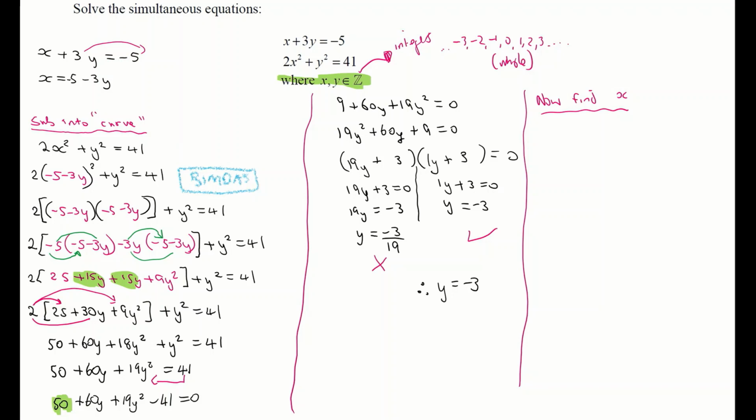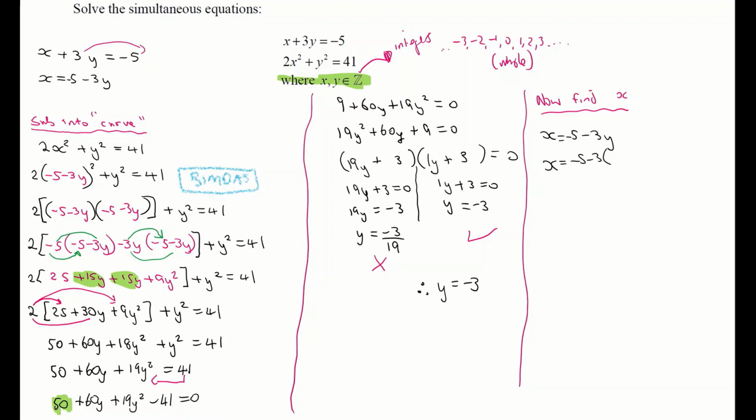And if we come back up here to the left hand side, look what we wrote down x as. We said that x is equal to minus 5 minus 3y. That's what we manipulated x to be. And all I have to do here now is substitute in my answer that I got for y, which is negative 3.